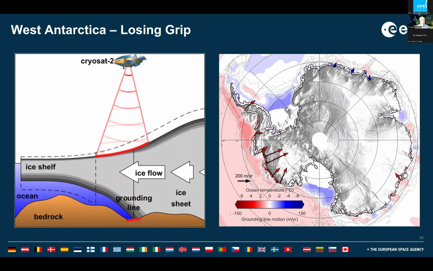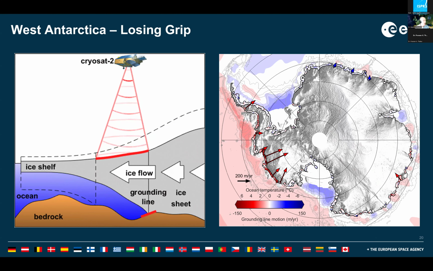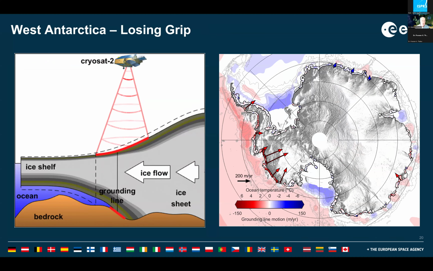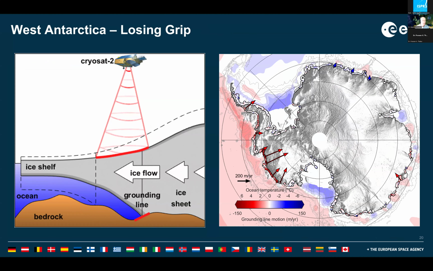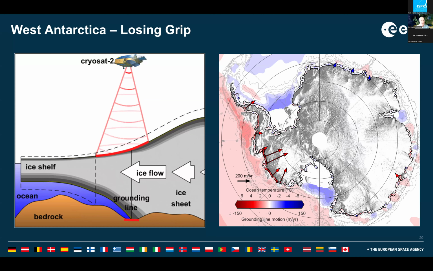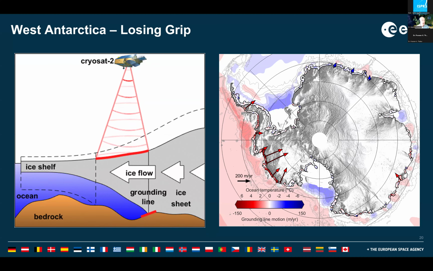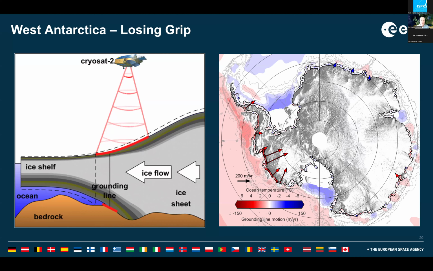Nevertheless, with CryoSat, we've been monitoring quite dramatic changes through the deflation of the ice sheet surface in areas where changes in flow have a dynamical consequence for the shape of the ice sheet surface. We also note that the ice shelves have been thinning around West Antarctica as the ice is discharging into the ocean, with the result that the grounding line is retreating.